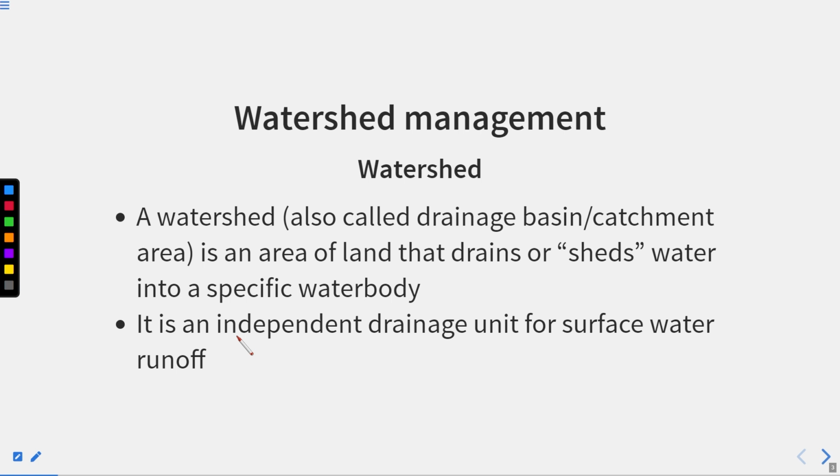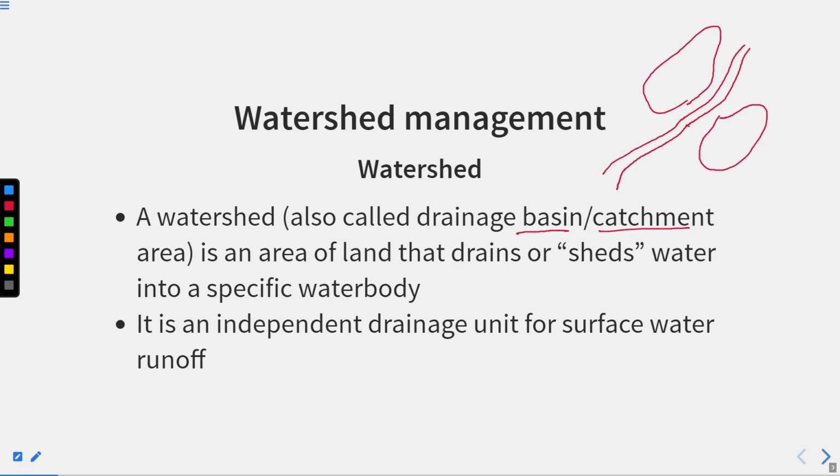So what is a watershed? A watershed is also called a drainage basin or a catchment area. Suppose a river is flowing like this, and there are some big ditches like this, and the river or any tributary of the river is flowing. What happens at the time of heavy rainfall?